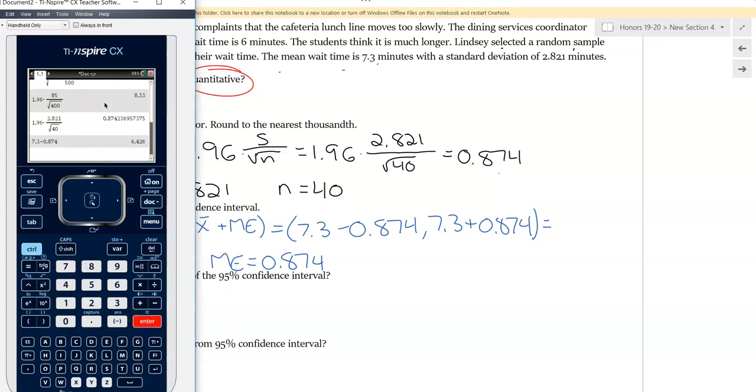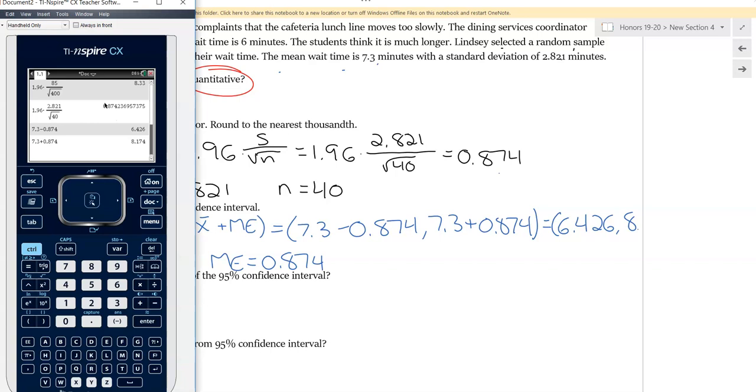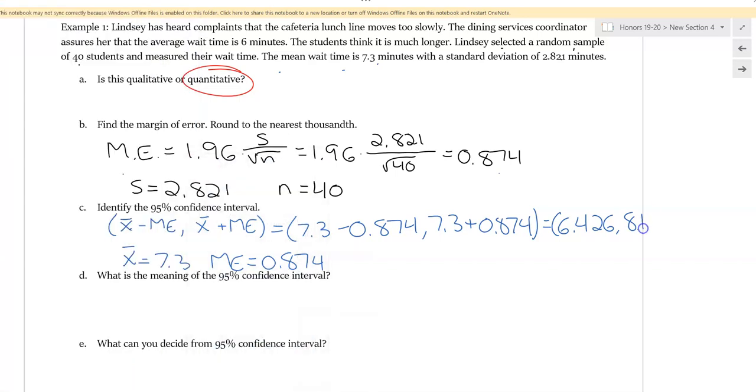We get 6.426 and 8.174. Once you find your margin of error, finding the confidence interval is pretty easy: you're just subtracting it and then adding it.